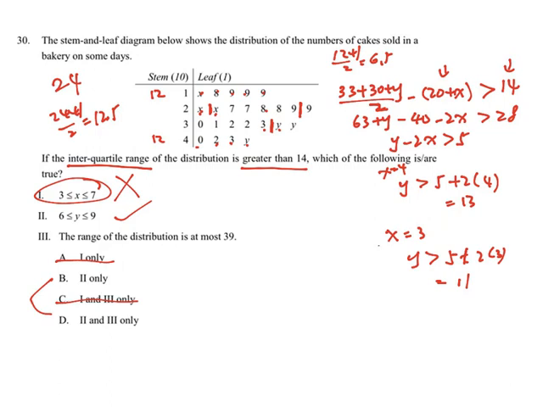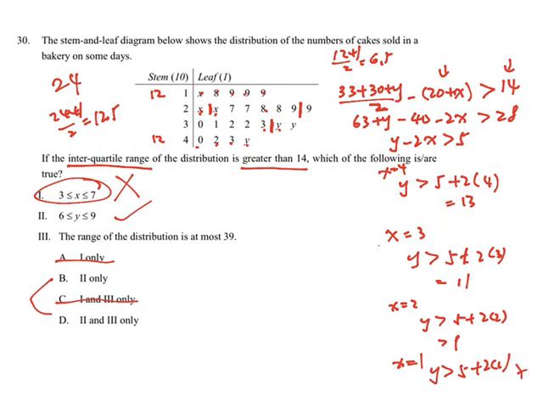Actually, we can prove it. For x equal to 2, y is greater than 5 plus 2 times 2, that means greater than 9. And x equal to 1, y is greater than 5 plus 2 times 1, which is 7.